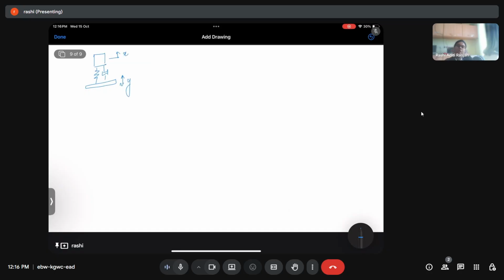So we defined the displacement transmissibility ratio, right? We defined how the y amplitude or the y motion is affecting the x motion.